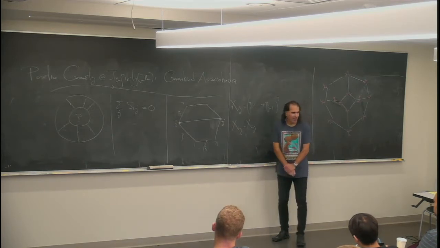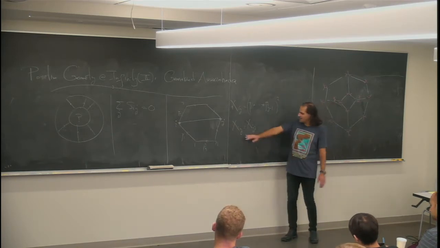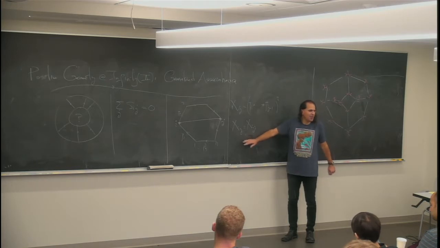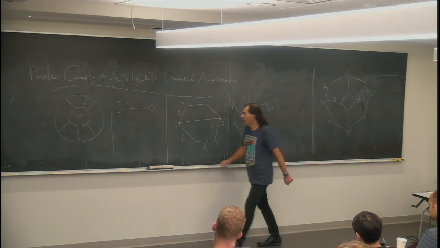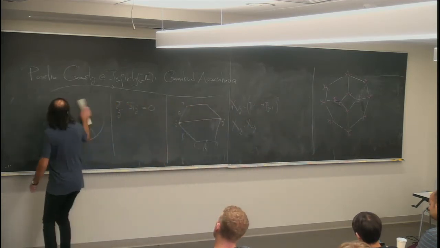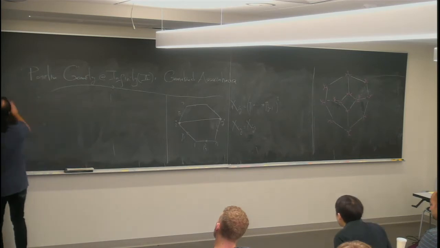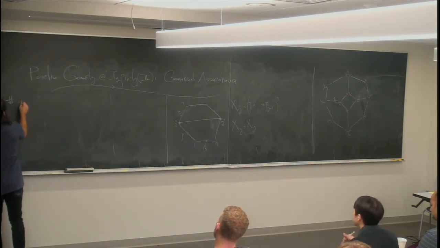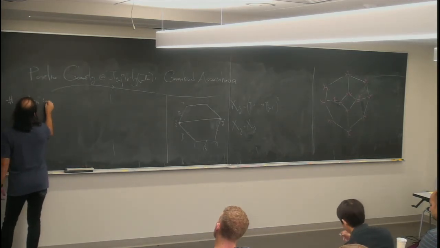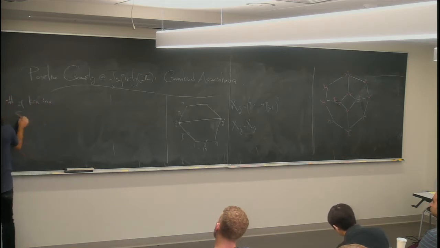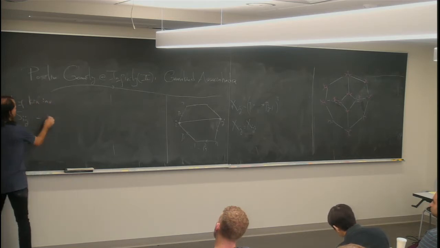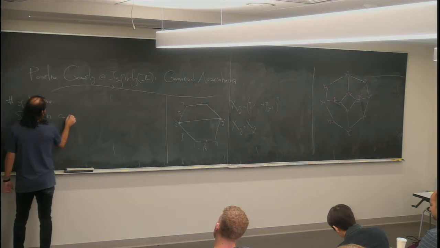And furthermore, the number of these xij's is exactly the actual number of independent kinematic invariants. Okay? Again, how many kinematic invariants do we have? Naively, the number of kinematical invariants is the Sij's minus the n conditions for momentum conservation.